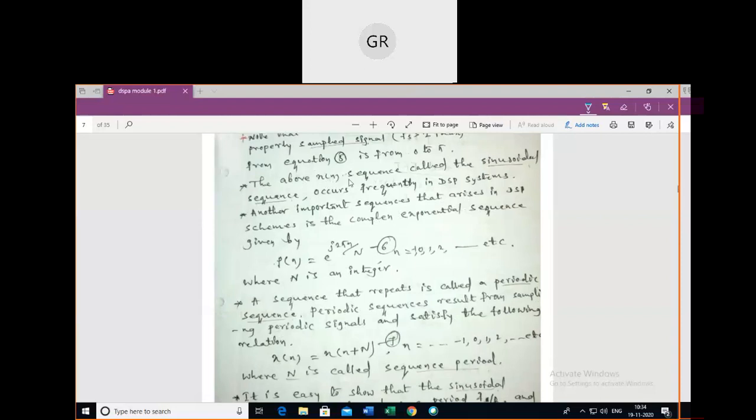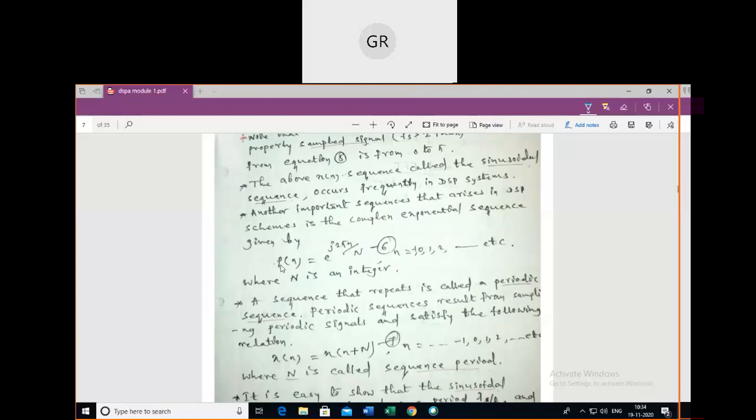The above x of n sequence, called the sinusoidal sequence, occurs frequently in DSP systems. Another important sequence that arises in DSP is the complex exponential sequence.